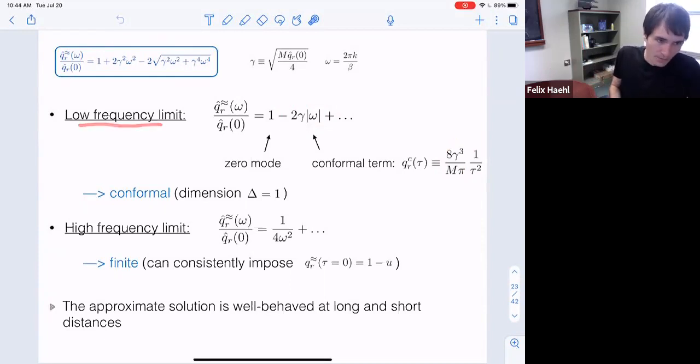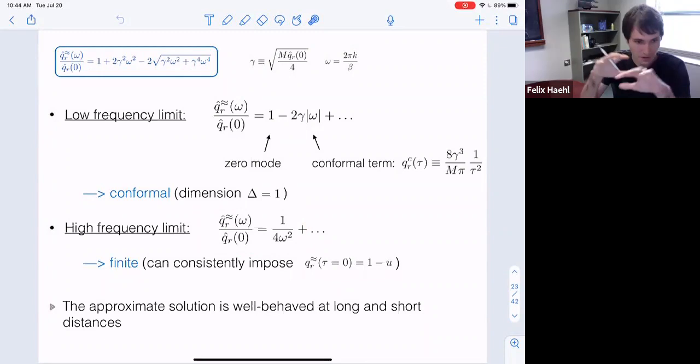So this indicates that this approximate solution becomes a scaling solution, a conformal solution in the low frequency regime. On top of that, in the high frequency regime, it is also well behaved. If you expand the same expression for high frequencies, you get something that's finite. What that means physically is that you can consistently impose this boundary condition, the spherical constraint that told us the spins have to live on a sphere.